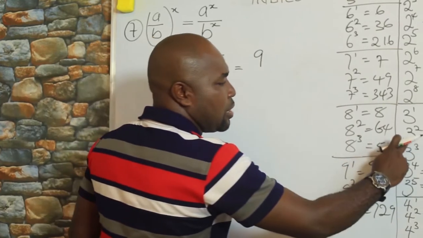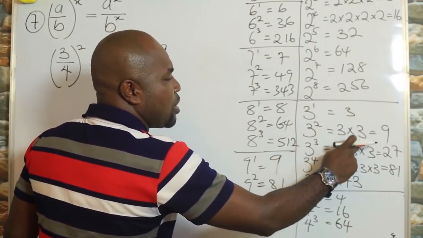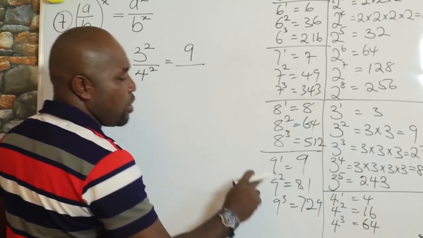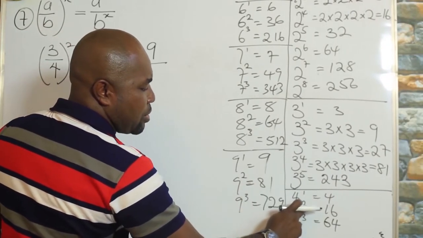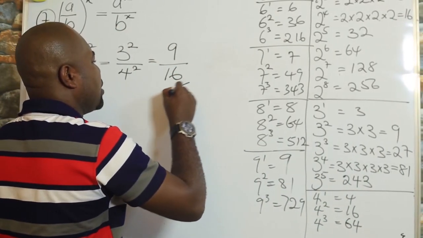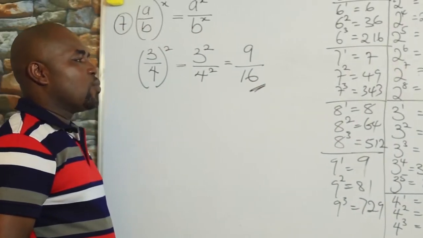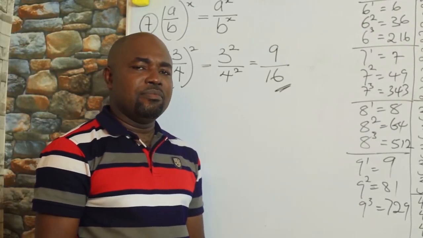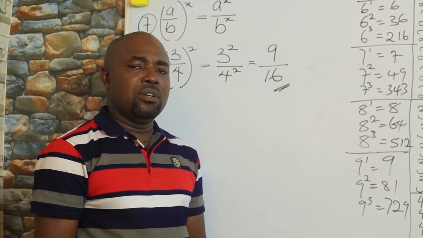If you watch here, 3 raised to power 2 means 3 times 3, which is equal to 9, all over 4 raised to power 2. 4 raised to power 2 here means 4 times 4, which is 16. So the answer here is 9 over 16. That is the 7th law.